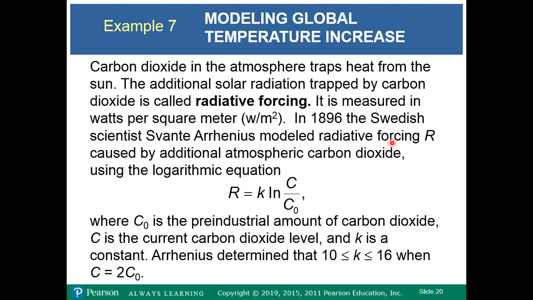In 1896, the Swedish scientist Svante Arrhenius modeled radiative forcing R caused by additional atmospheric carbon dioxide using this logarithmic equation, where C0 is the pre-industrial amount of carbon dioxide, C is the current carbon dioxide level, and K is a constant. Arrhenius determined that K is between 10 and 16 when C is double the initial value of carbon dioxide, the pre-industrial level.